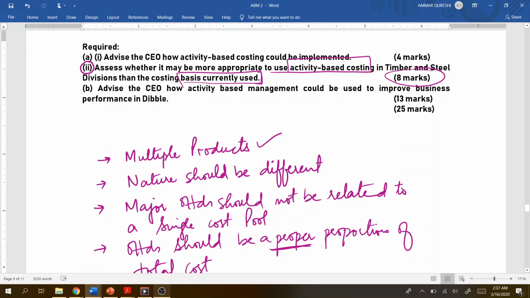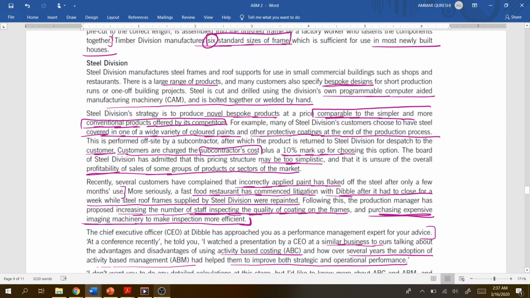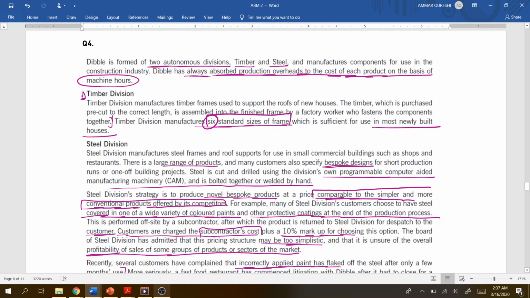The second one is that nature should be different. If the nature of products is different. These are standard sizes of frame. Standard size of frame means that probably the products are similar to each other, of similar nature.